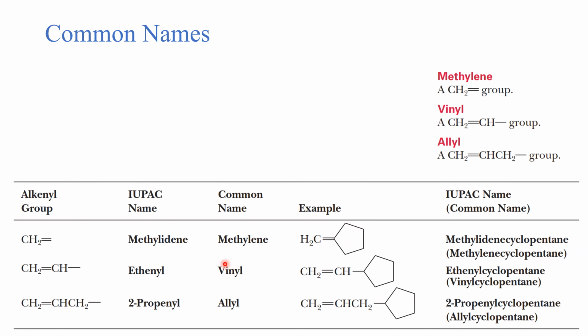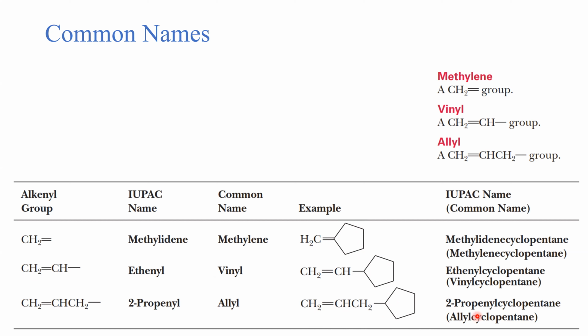Another one is when this is a CH2 doubly bonded to a CH, and this carbon is attached to another group, right? Let's say we keep that side the same, which is our parent chain. How can we name this substituted alkene group?